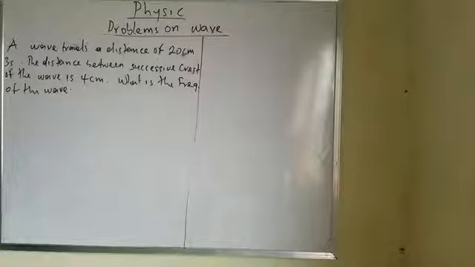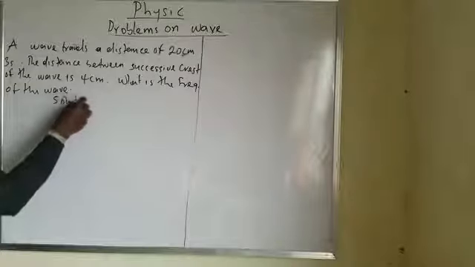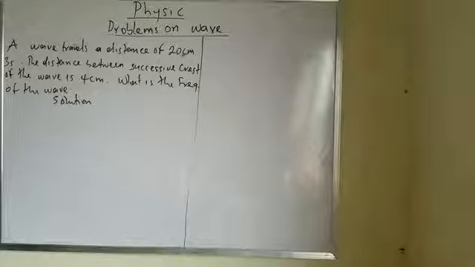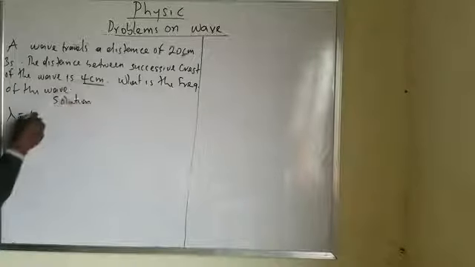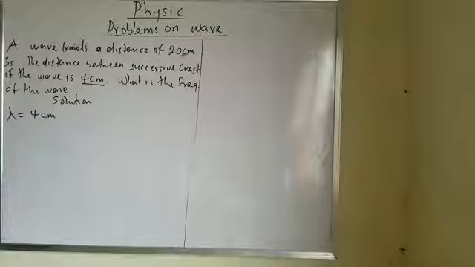Now, what I need to do is that this is very simple anyway. Now, I'm looking for the solution to this problem. Let me write out my parameters. The first thing I will notice there is my lambda, which is known as my wavelength, is 4 centimeters. That's my wavelength.